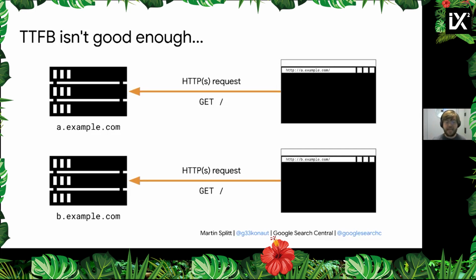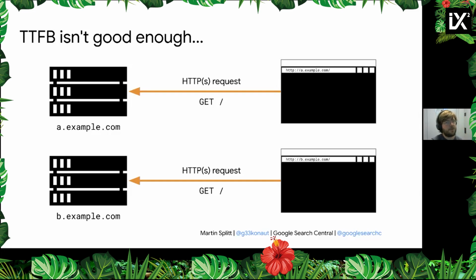And we have website A on the top, and we have website B on the bottom. Now, the request arrives at A and B at the same time. It might possibly take different paths through the network, but let's ignore that. Assume we send it out at the same time, it arrives at the server at the same time.